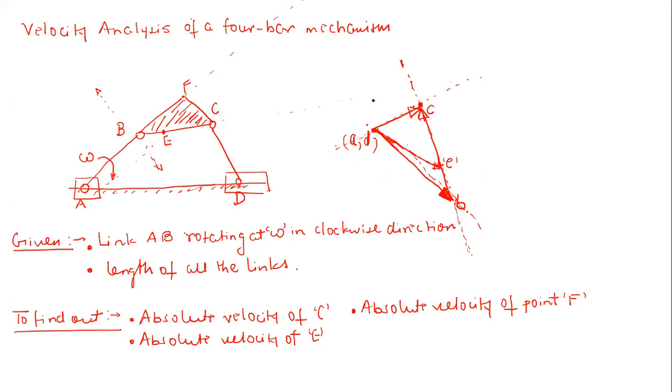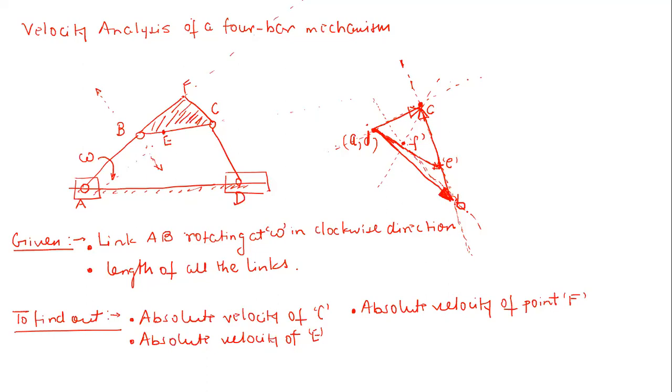So this is one line which I have drawn, going through B like this. And then the next line you have to draw through C, so that should be perpendicular to CF. So this is somewhere here, perpendicular at C. So here somewhere you are getting this point F.